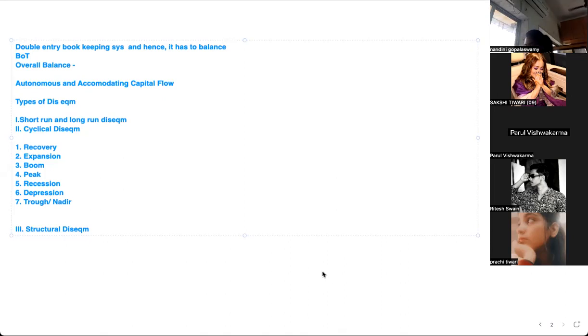Class? Yeah. No, ma'am. And then finally we talk about fundamental disequilibrium. What is a fundamental disequilibrium? According to IMF, actually, it's a persistent long-run disequilibrium in any economy, right?